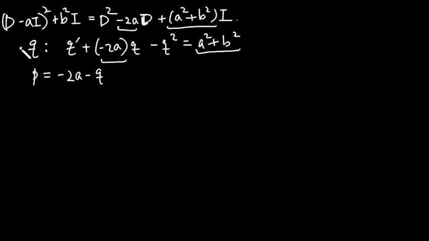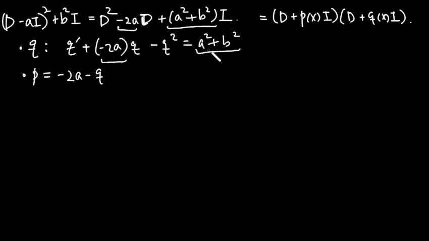If you find the q first and then define p like that, it's going to factor nicely into D plus p times i, that's the second operator, and the first operator, appearing on the right, is D plus q times i. So we have to compute this q first.